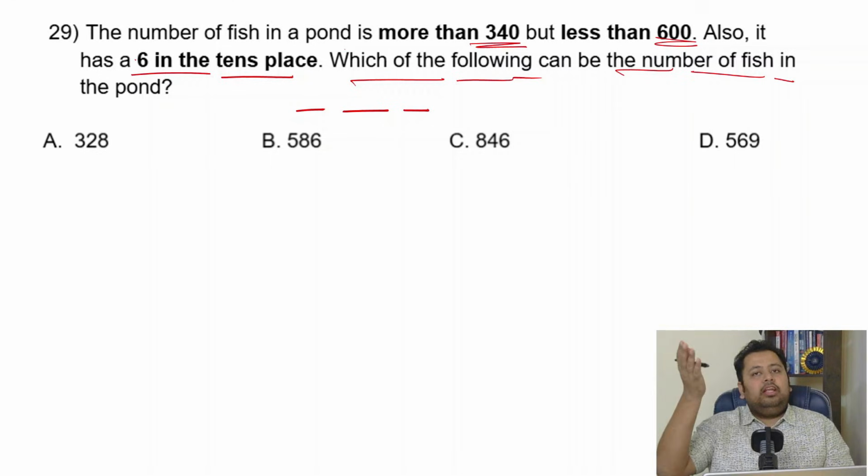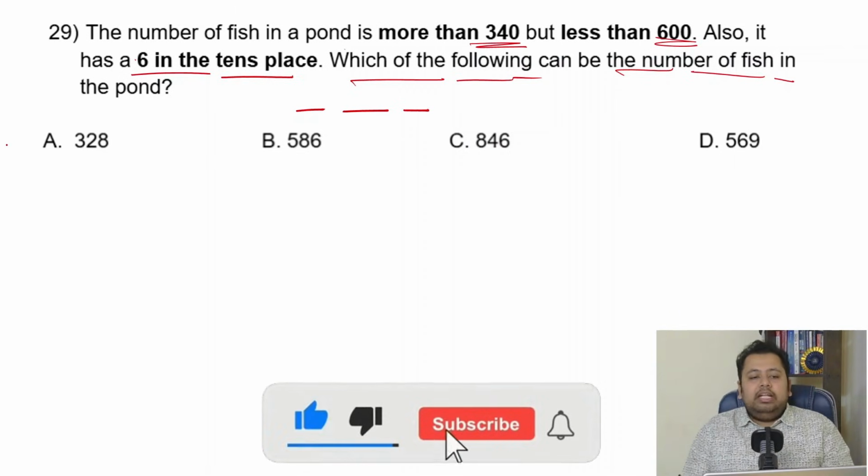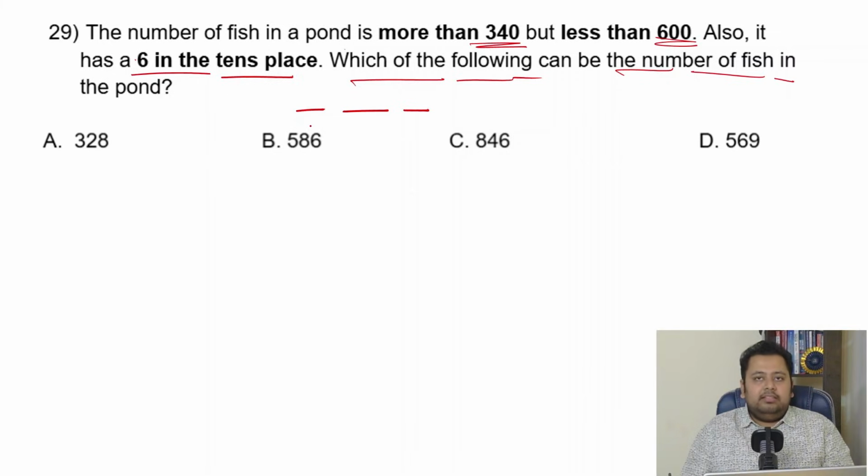If it is more than 340 and less than 600, then it is obviously between these two numbers. Also, it has 6 in the tens place. So first find out which place is the tens place and put a 6 there. So this is the hundreds place, this is the tens place, this is the ones place. So 6 is over here. So it says also it has 6 in the tens place.